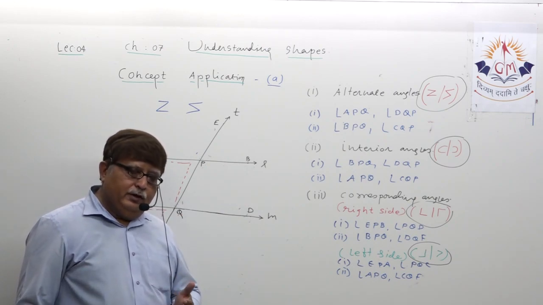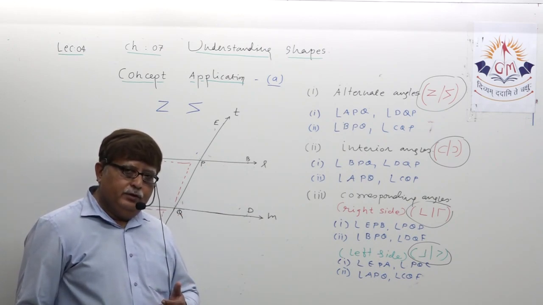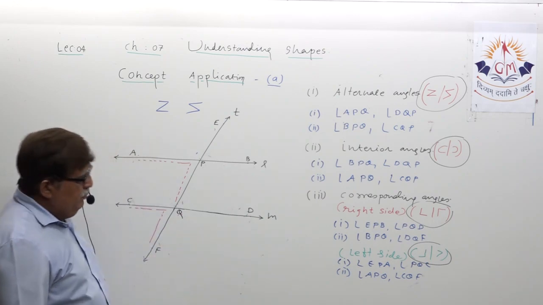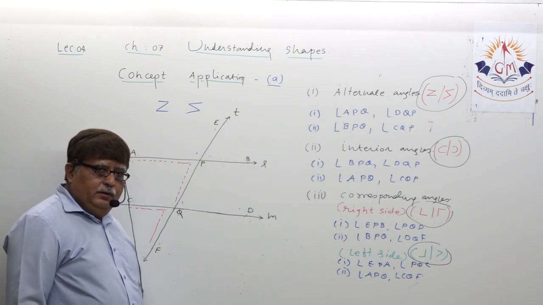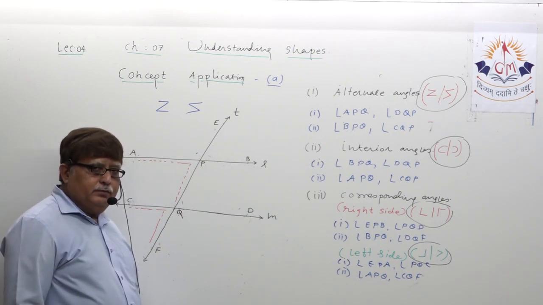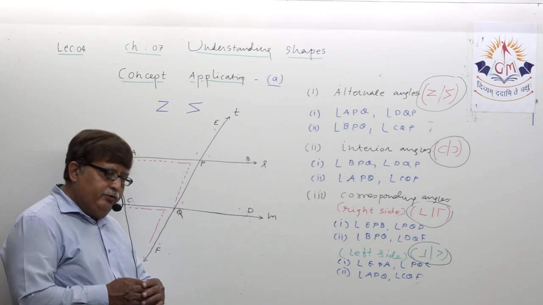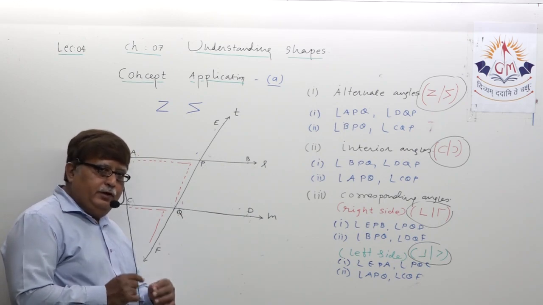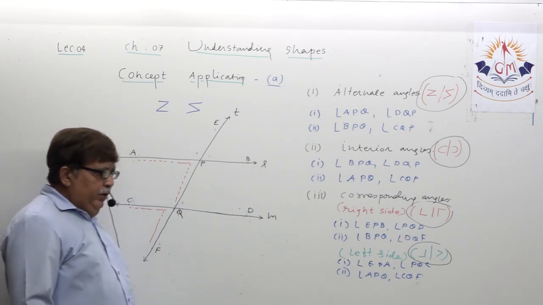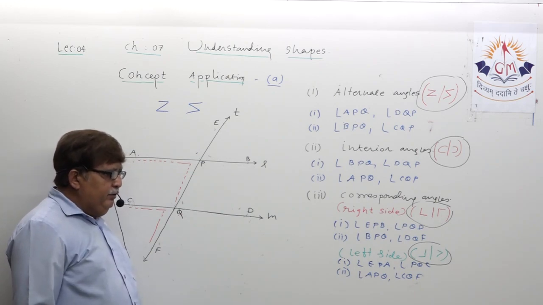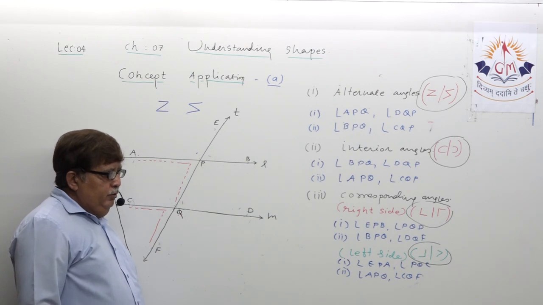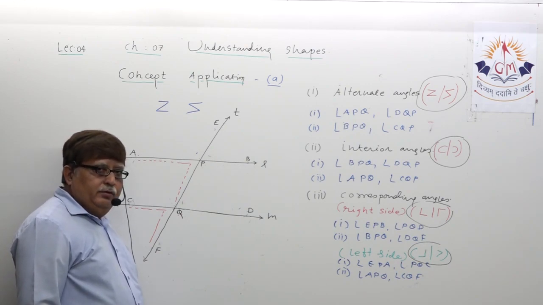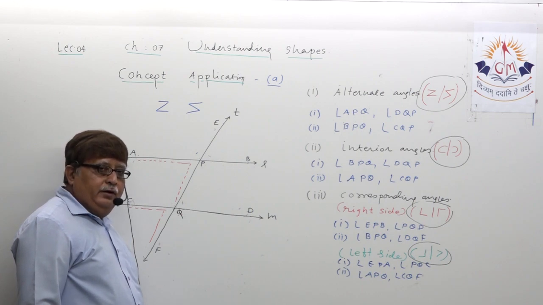Now a question arises in your mind: why do we need to understand all this? Because, dear student, when we solve some theorems regarding parallelogram, rhombus, etc., every now and then you may hear the words corresponding angle, alternate angle.